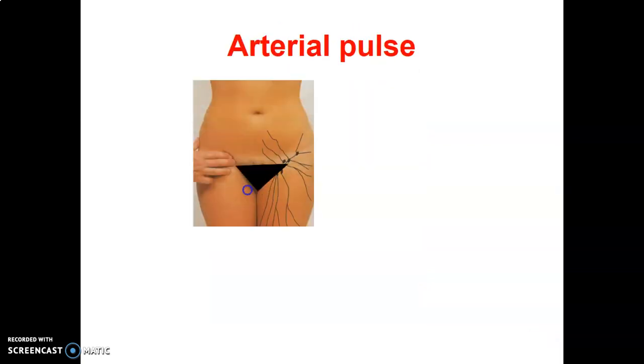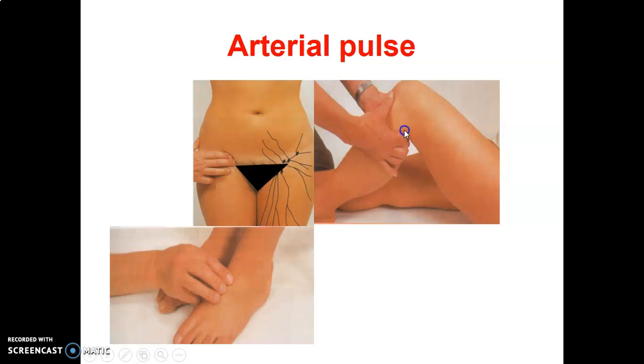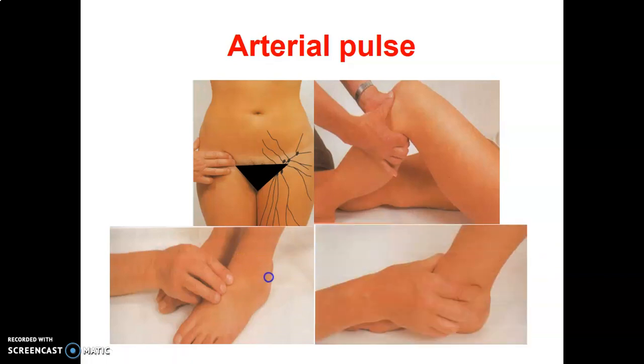Then where do you get the arterial pulses? At the mid-inguinal point, that's where we palpate for the femoral artery. That's the midpoint between the pubic symphysis and the anterior superior iliac spine. Then at the popliteal fossa, you get your popliteal artery pulse. And at the mid-malleolar point, towards the dorsum of the foot, that's where you palpate for the dorsalis pedis pulse.